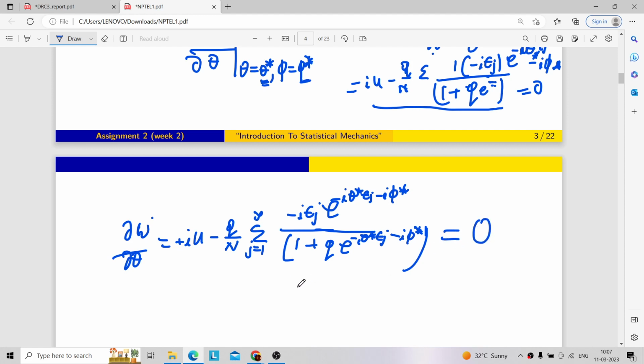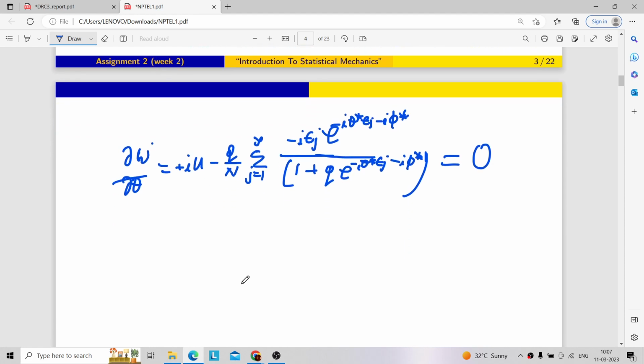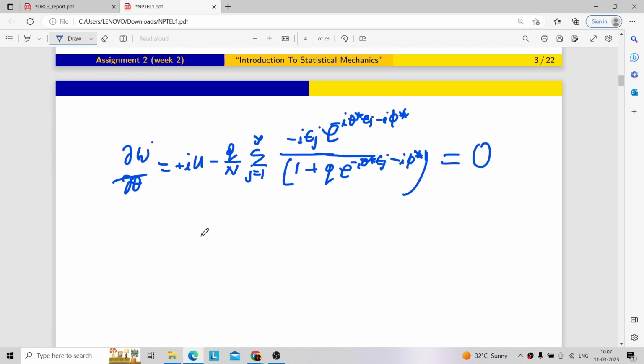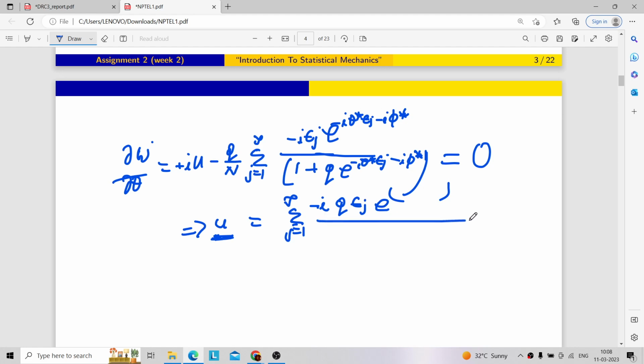So what we will get from here? We can solve this and we will get the energy per particle. We will get this as summation of j 1 to infinity, we have q minus i epsilon j e to the power this form, and in the denominator we will have 1 plus q e to the power this term.